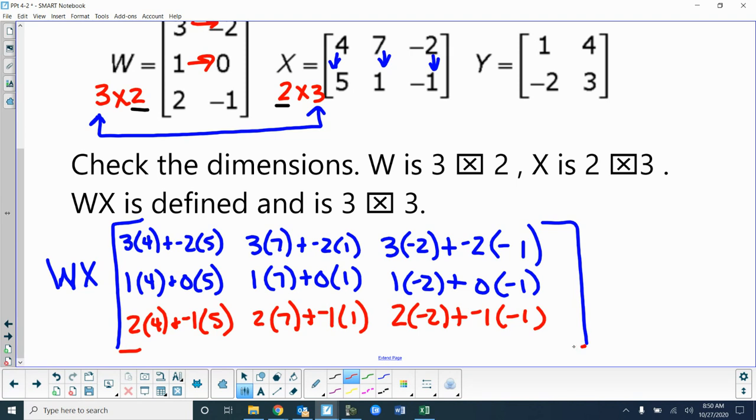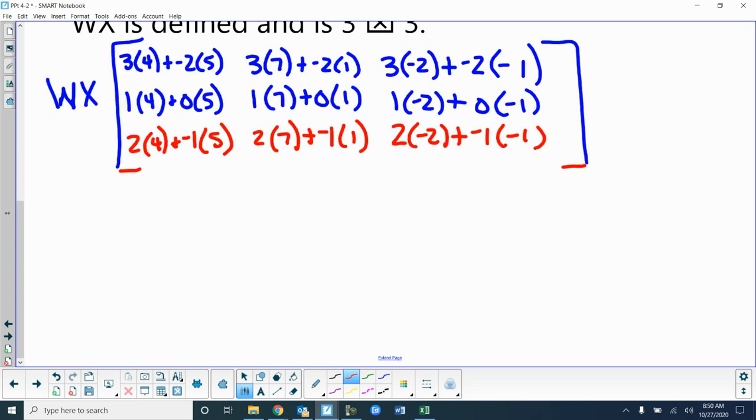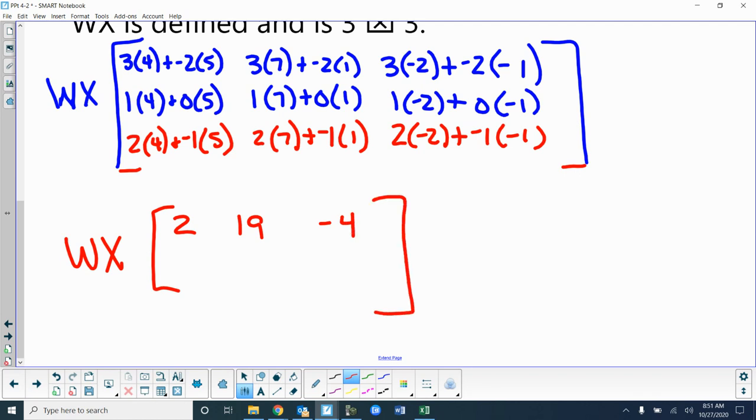So there's my 9 numbers once I find those answers. So it would be 12 minus 10, 21 minus 2, -6 plus 2. I have to make it a little bigger, I think.